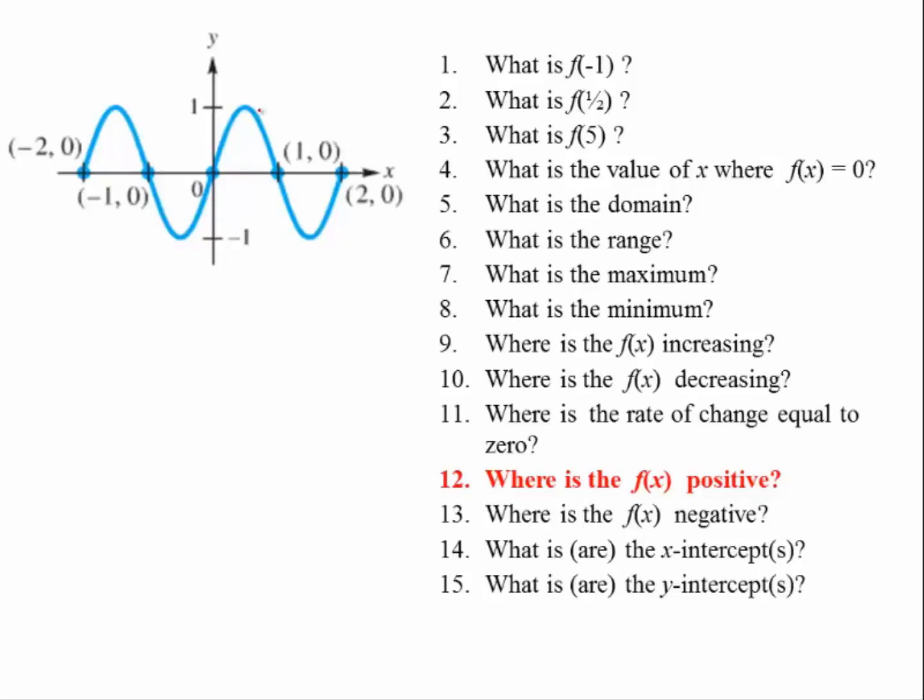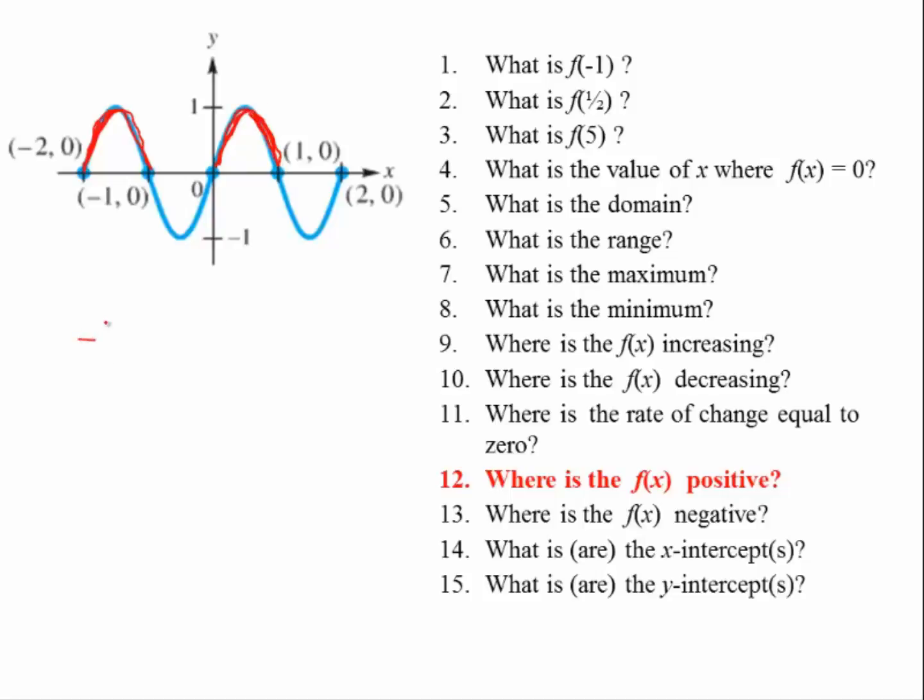That is in quadrants 1 and 2. So anything above the x-axis, y will be positive. So that's this part, this hump of the graph, and also this hump. So again, we have two sections.